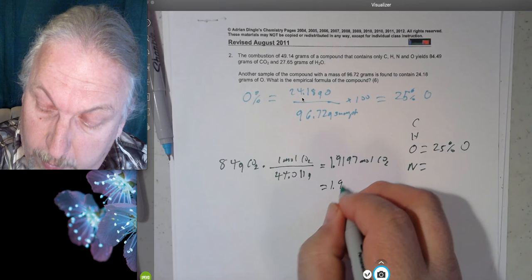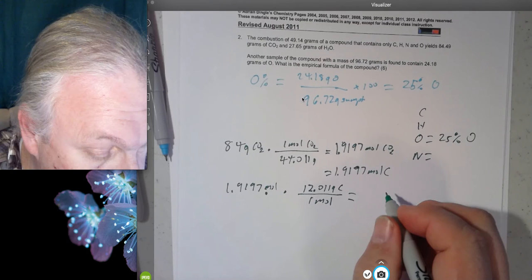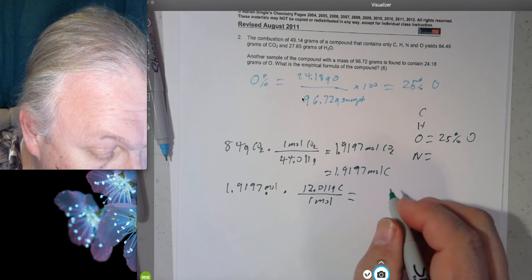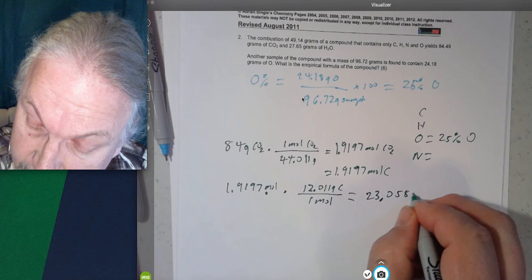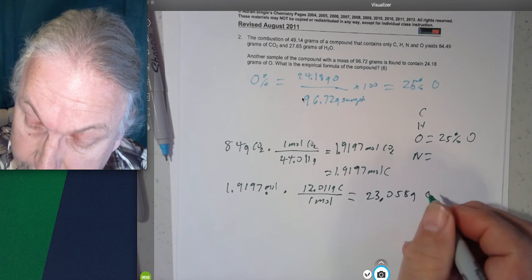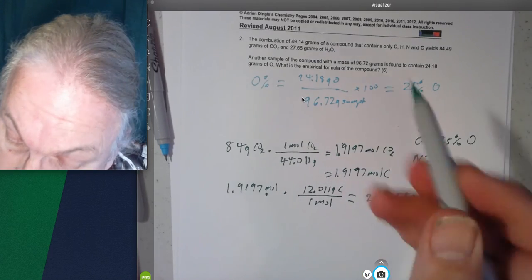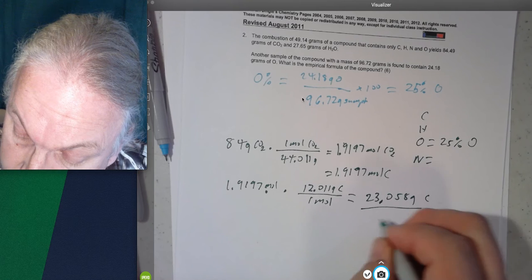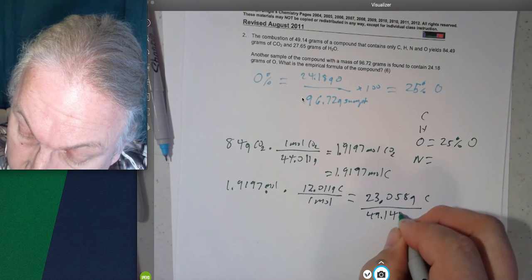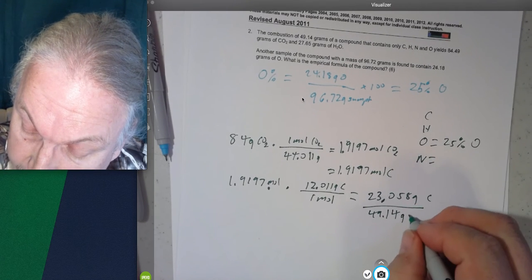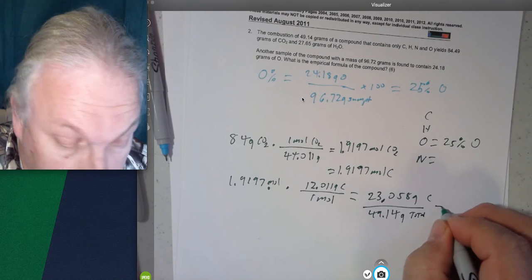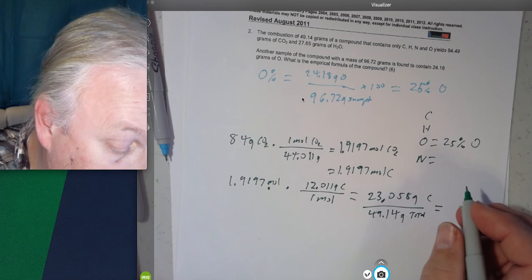So now all we've got to do is work on our hydrogen. Our next step is work on our hydrogen. And it says, let's change colors, it says we have 27.65 grams of water produced. So we're going to do the same thing to that, grams. And our molar mass of water is 18.0158 grams of water.